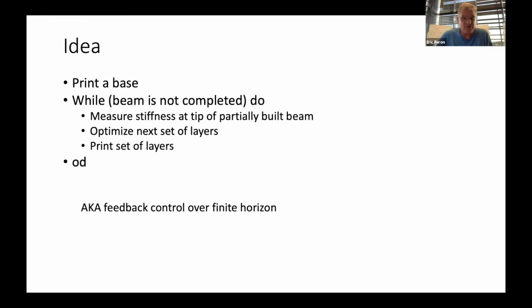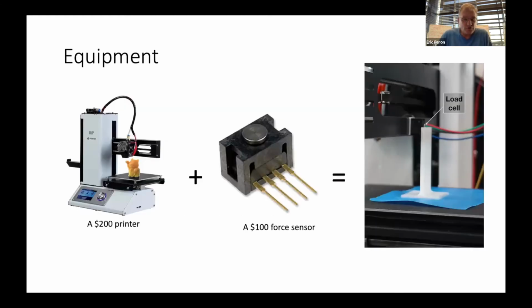Because there are measurements made at regular time intervals, and what is printed next is a function of all past measurements, and all this is done in an iterative fashion, it is indeed a case of feedback control over a finite horizon. In order to demonstrate our work, we chose a low-cost 3D printer together with a force sensor that we use as a feedback mechanism.